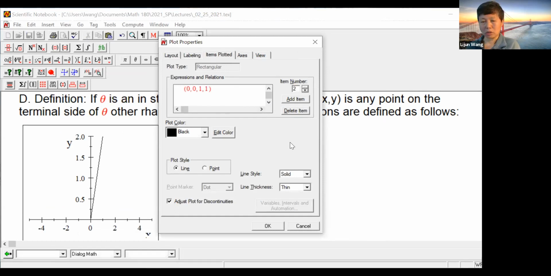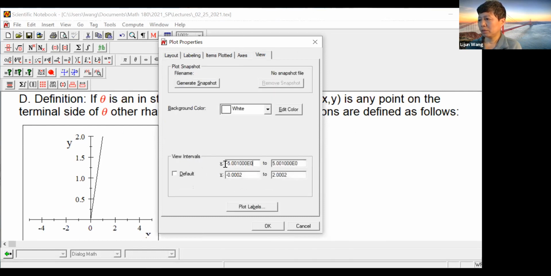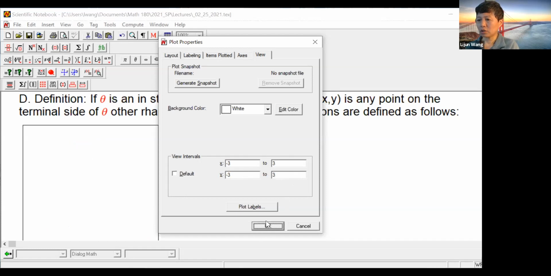Just draw a picture arbitrarily. Your terminal doesn't have to be in the first, second, third, or fourth quadrant. It could be anywhere. And I'm going to change the view. This is just to understand the definition.